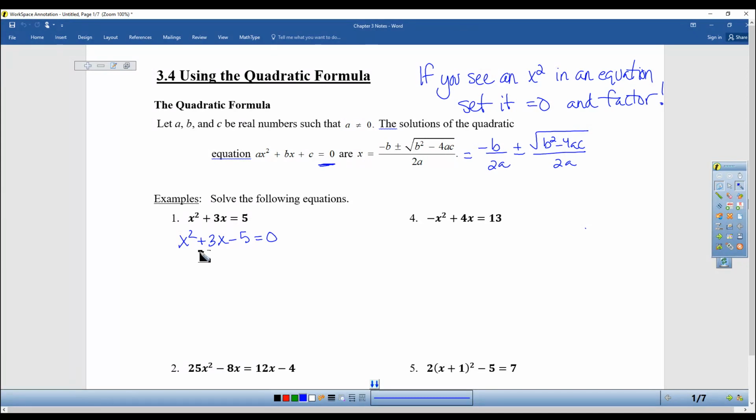So let's do one together. So I have the right format. I tried to factor and I couldn't. I'm not going to use completing the square because this is odd. So I just use the quadratic formula, which jumps straight to the answer.